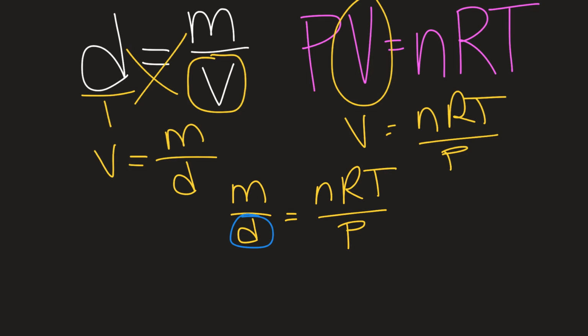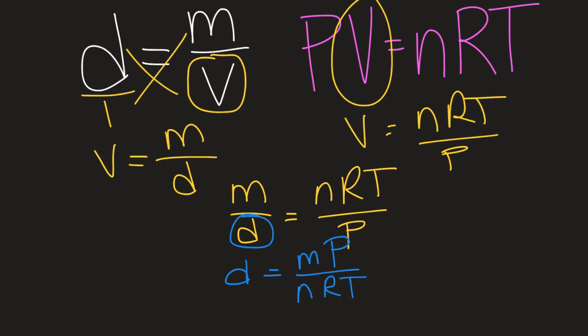We'll just have density on one side of the equation. If I do that math through cross multiplication, I'll get D is equal to mass times pressure over nRT.